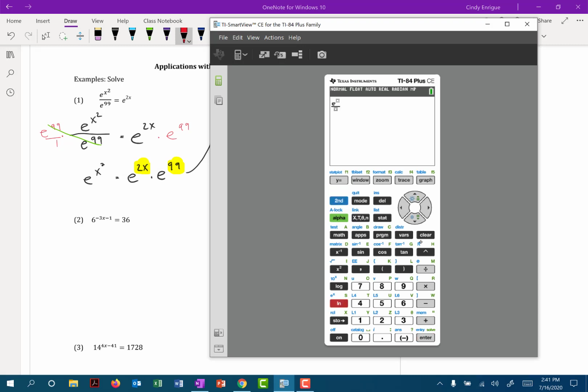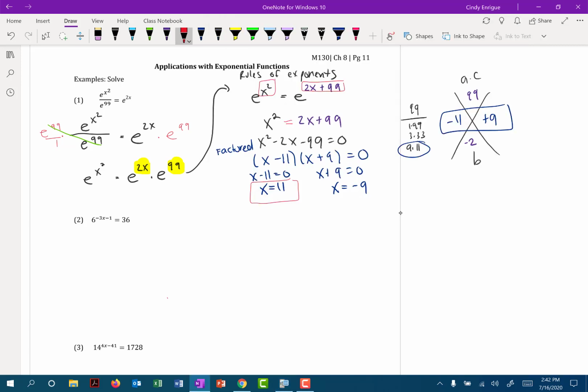We have our e to the power, and here I have my negative 9 that I'm plugging in, and it's squared over my e to the 99. And is that going to be the same as my e to the 2 times my negative 9? And it is the exact same thing.